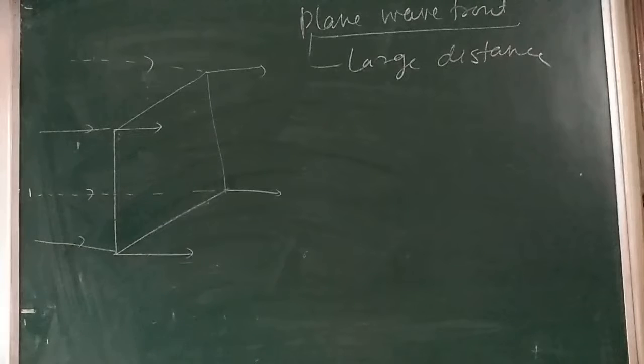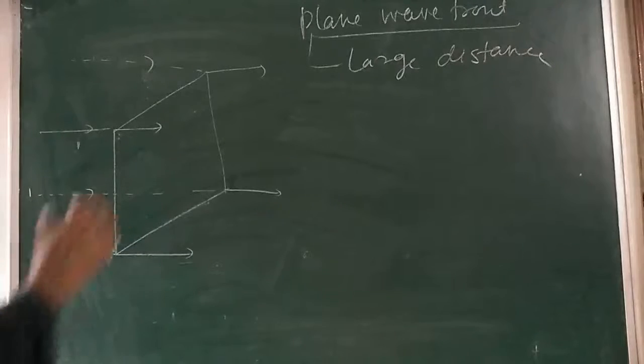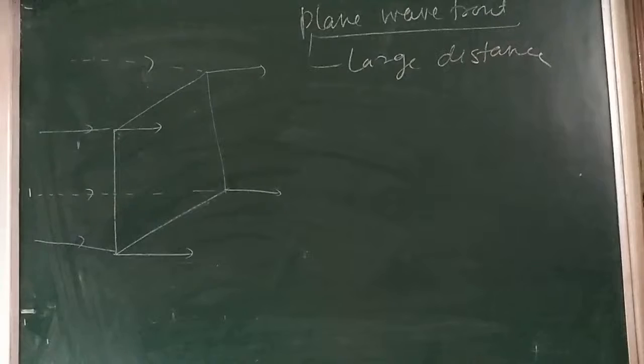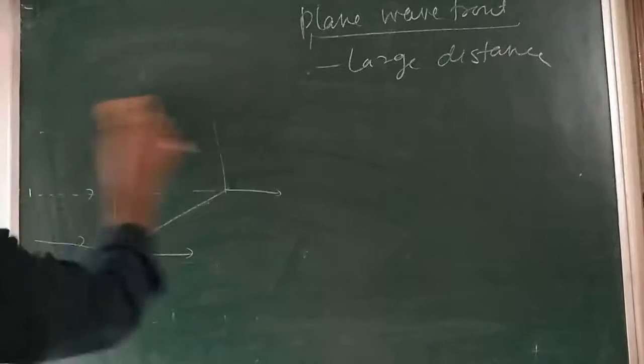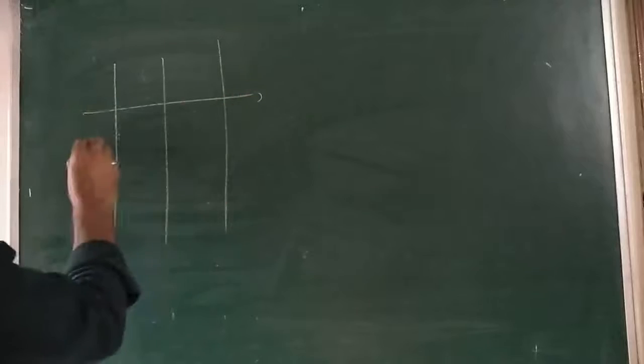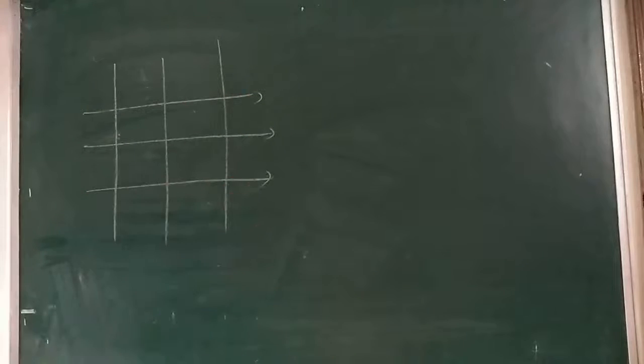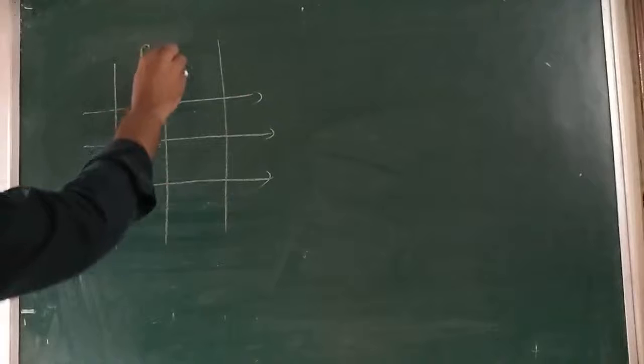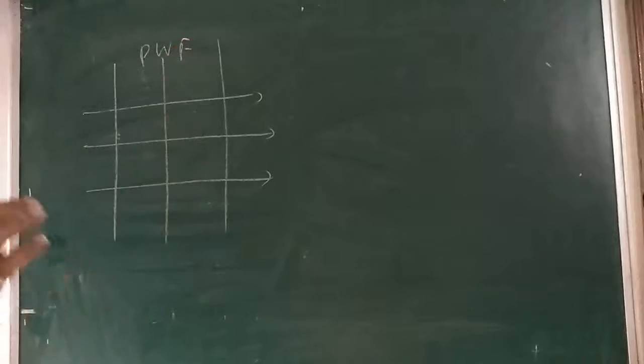Then, in a given medium, we can draw a set of straight lines which are perpendicular to the wavefront. Suppose this is our plane wavefront, and the rays of light are in this manner.